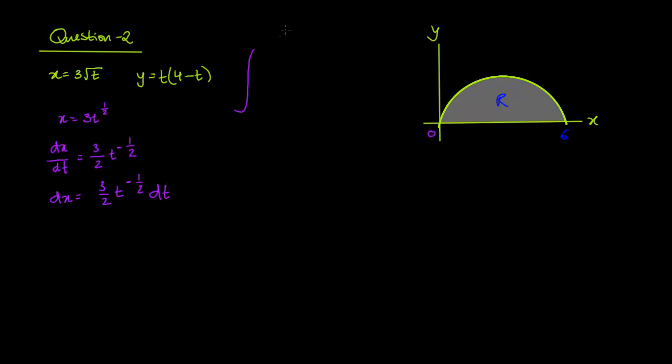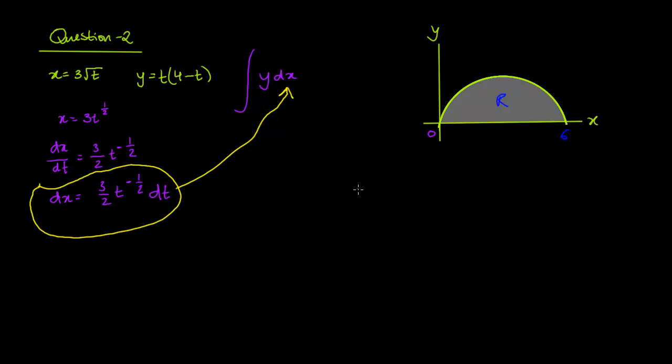Remember, the area is given by y dx. So all we have to do is simply put this in place of here. So what does that boil down to? That boils down to y times 3 over 2 t to the power of negative half dt.